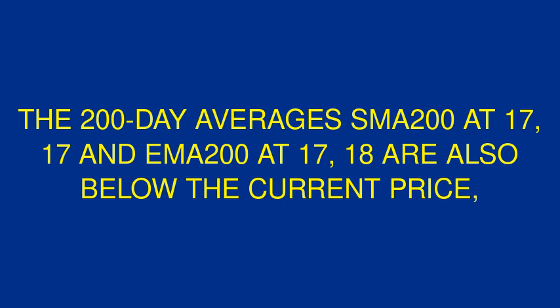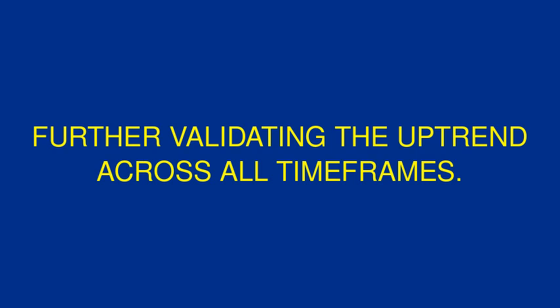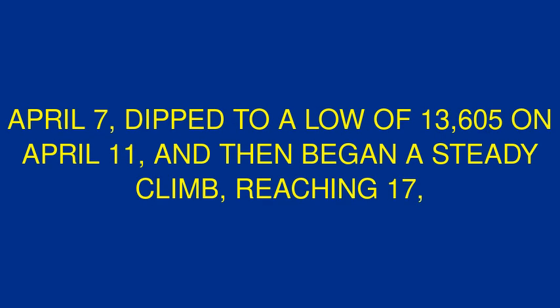The 200-day averages, SMA200 at 17.17 and EMA200 at 17.18, are also below the current price, further validating the uptrend across all time frames. Historically, the stock started at 14.35 on April 7, dipped to a low of 13.605 on April 11, and then began a steady climb, reaching 17.47 by June 26 and peaking at 18.43 on July 3.